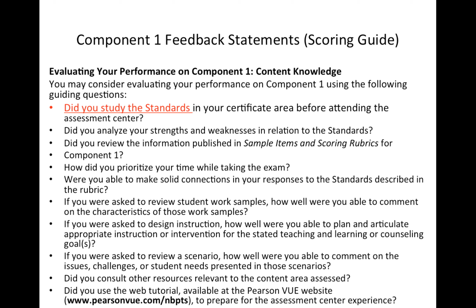If you open the scoring guide, you will see this sheet evaluating your performance on component 1. Look at the very first question you are asked. Did you study the standards in your certificate area before attending the assessment center? Did you analyze your strengths and your weaknesses? Look down below this. Were you able to make solid connections in your responses to the standards described in the rubrics?